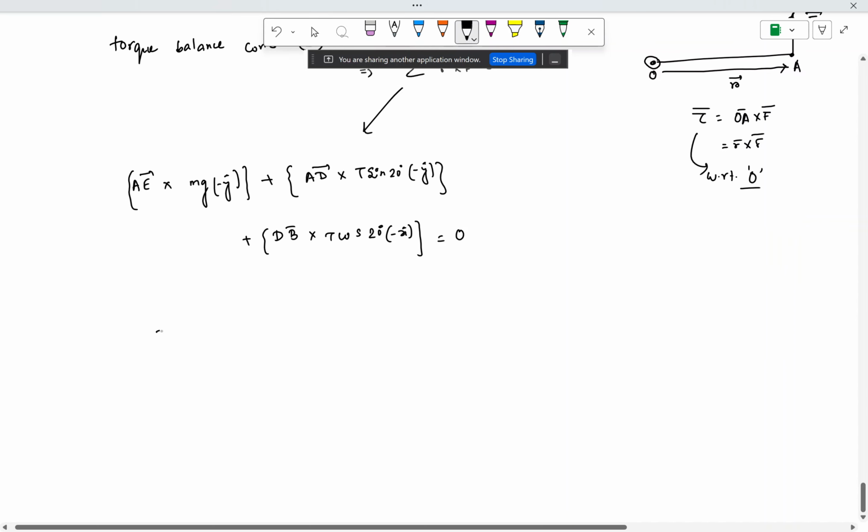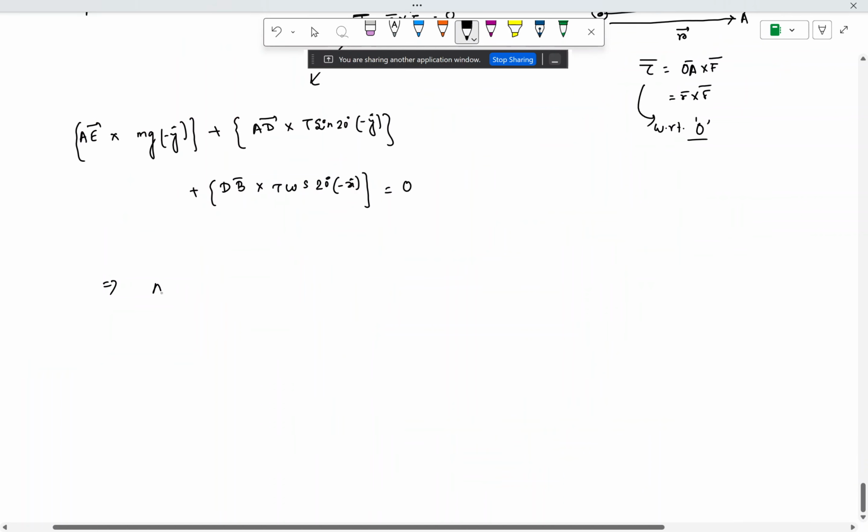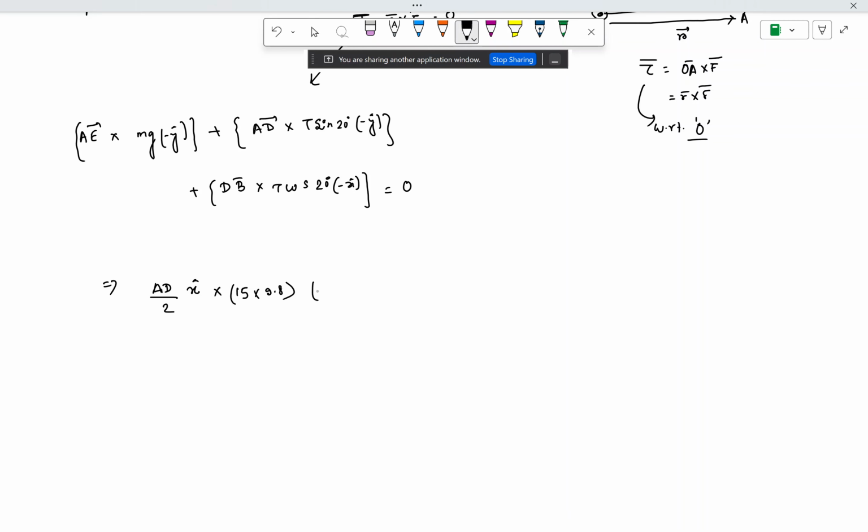Your AE vector is basically nothing but AD by 2, because your whole distance is AD, and the center of mass is sitting right at the middle. So AD by 2 is equal to your AE, distance wise, and direction wise it is x cap. Then mg is 15 kg into 9.8 Newton into minus y cap.